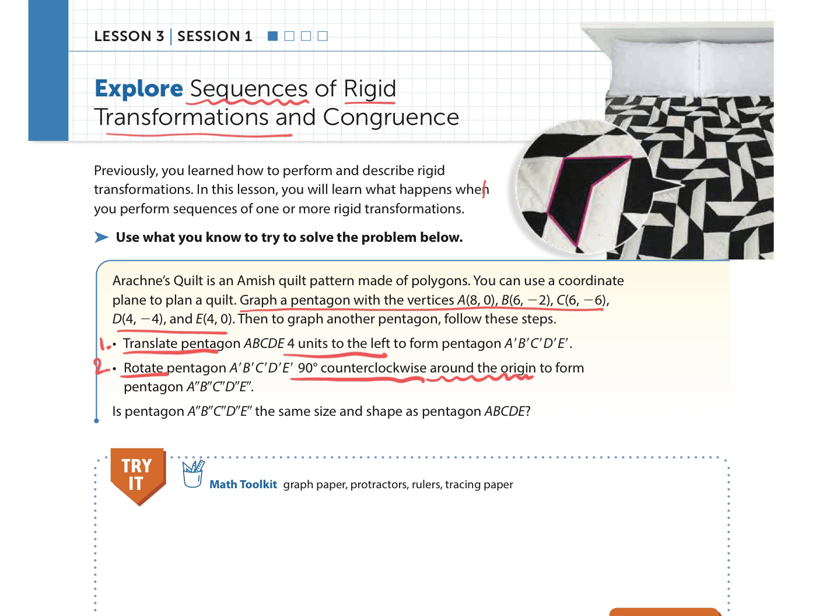And the question is the last pentagon, and if you'll notice, it says double prime because we did not one transformation, but 2. First transformation is prime. Second transformation is double prime. The question is the last pentagon the same size and the same shape as our pre-image? So let's take a look.